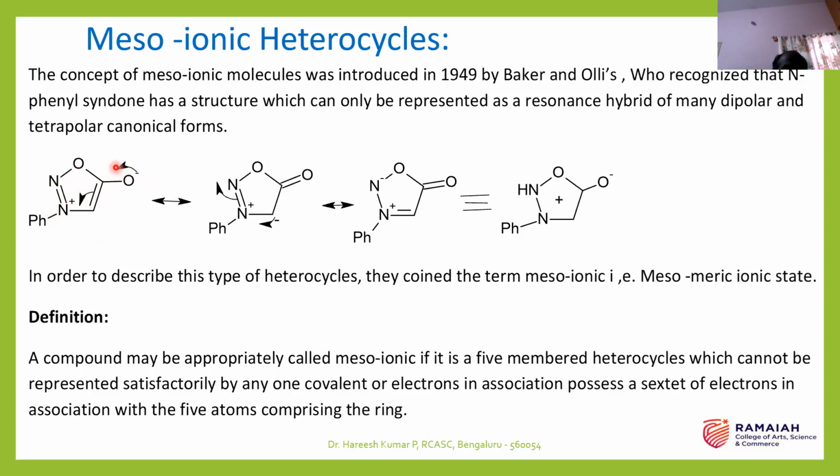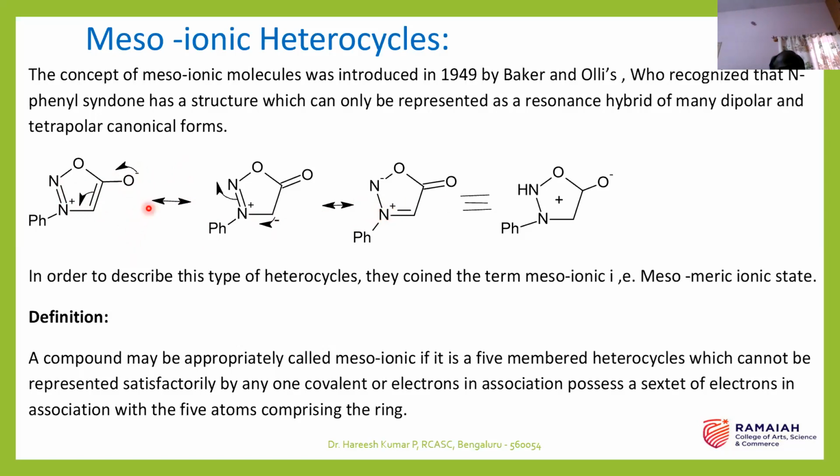Because of this, such moieties are called meso-ionic. The term meso is obtained from the mesomeric effect, which means involvement of the pi electron system in conjugation, and ionic, since this moiety contains ionic charges.